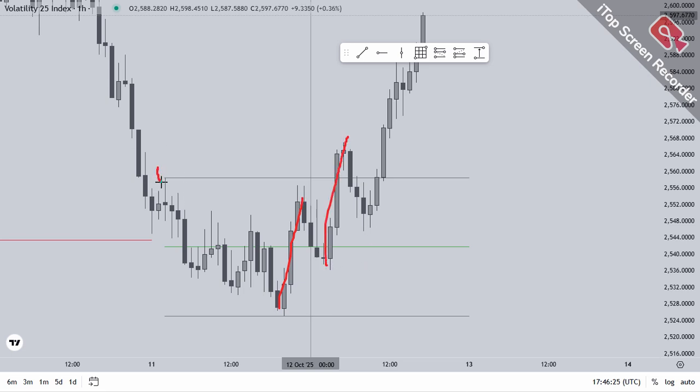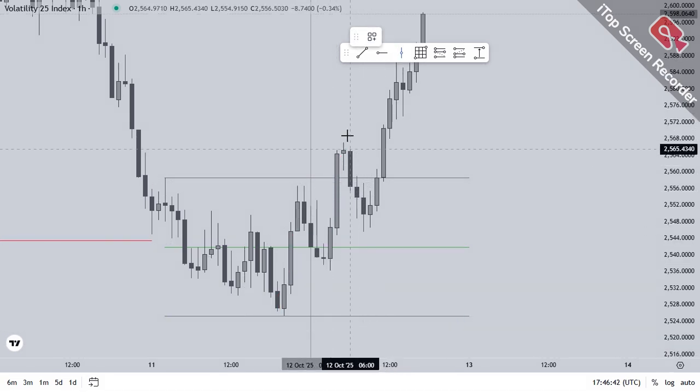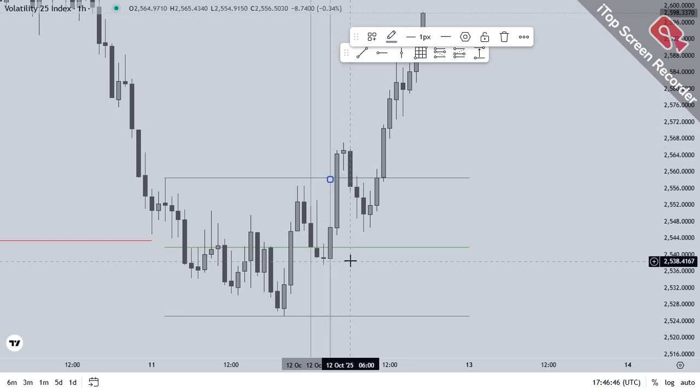So even if we had swept this high before the start of that session, we would have still sold and then still bought at the same time, right?